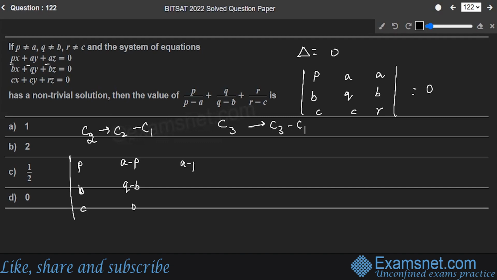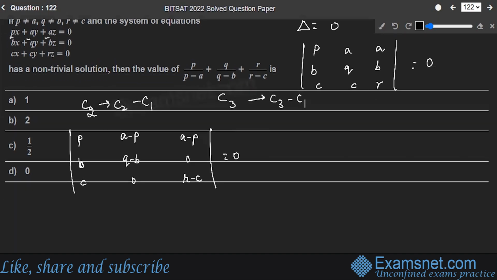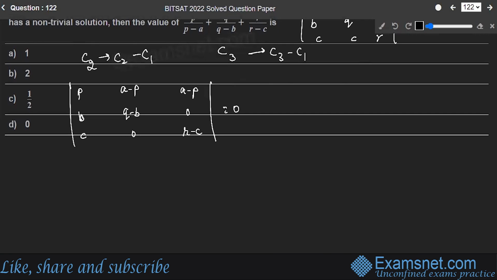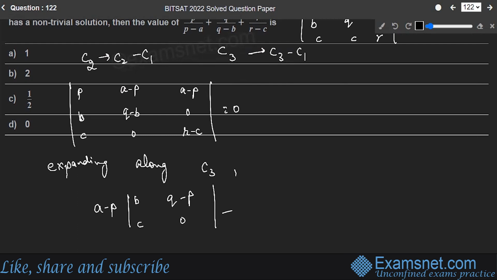Then you have A minus P, 0, and R minus C. Now expanding along the third column, C3, what you will get is A minus P times the minor B, Q minus B, plus R minus C times P, A minus P, B, Q minus B.